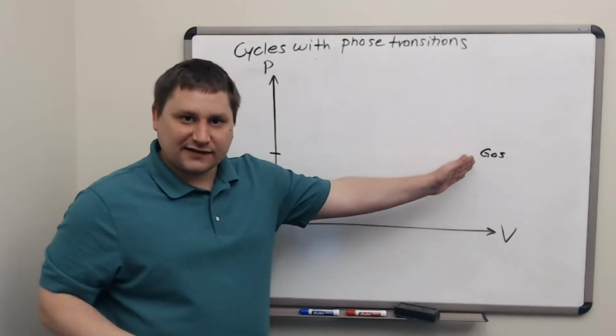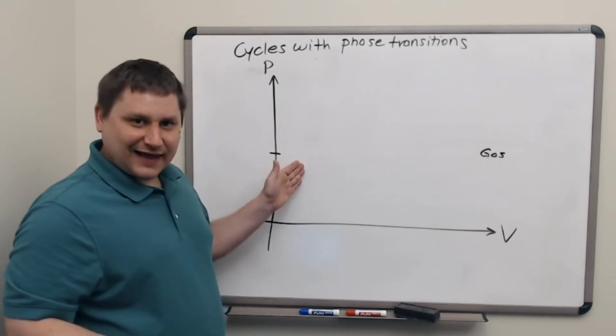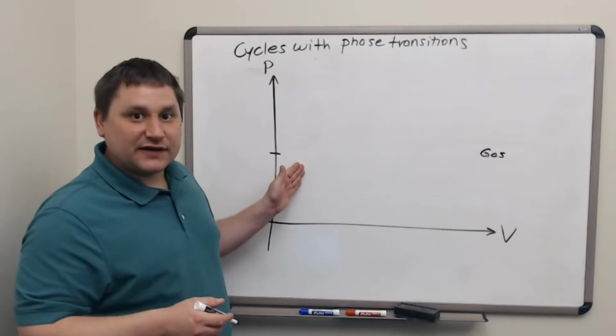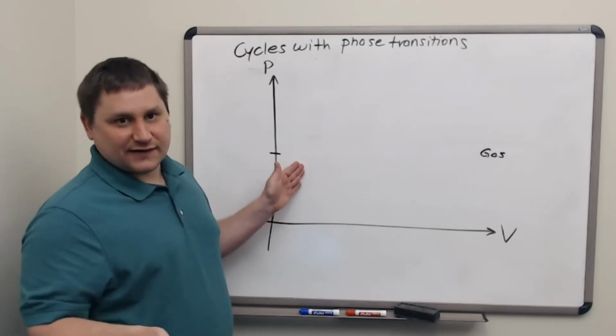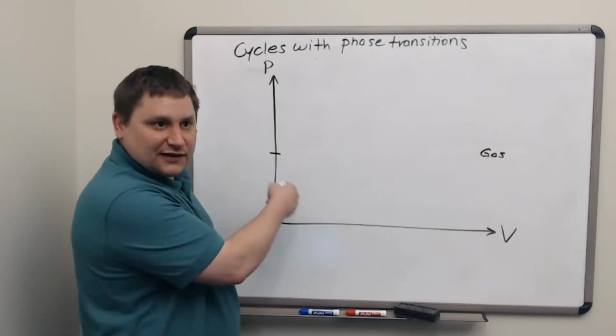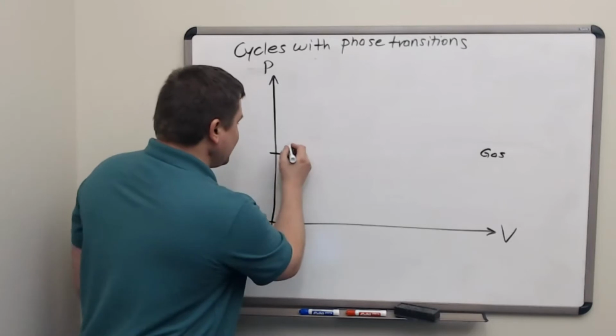If we compress the substance down to a very small volume while maintaining that temperature, that forces us implicitly to remove heat from the system, whether it's a gas, liquid, or otherwise.